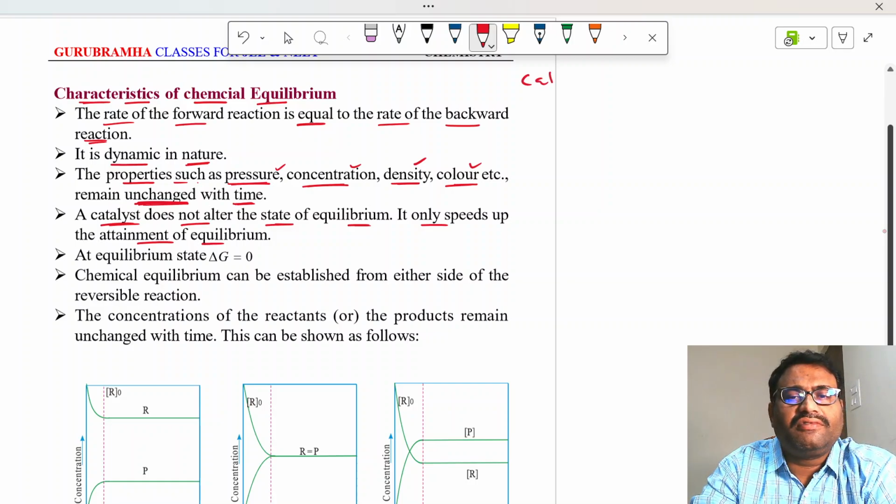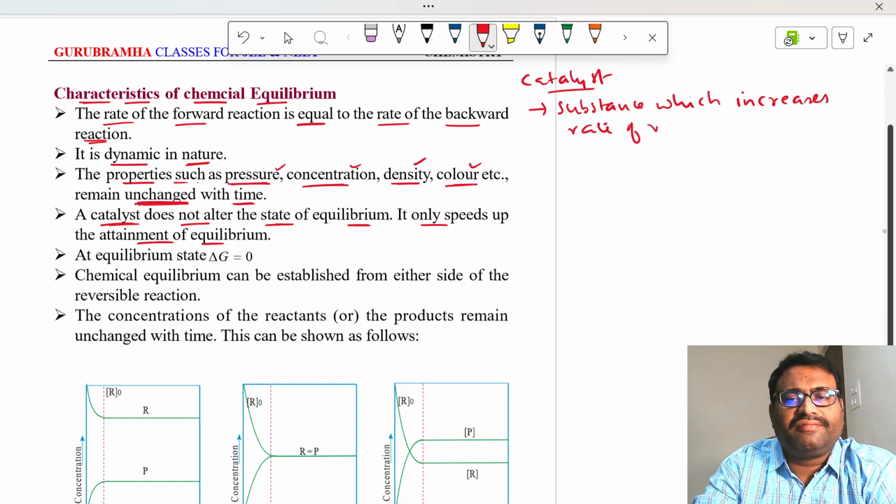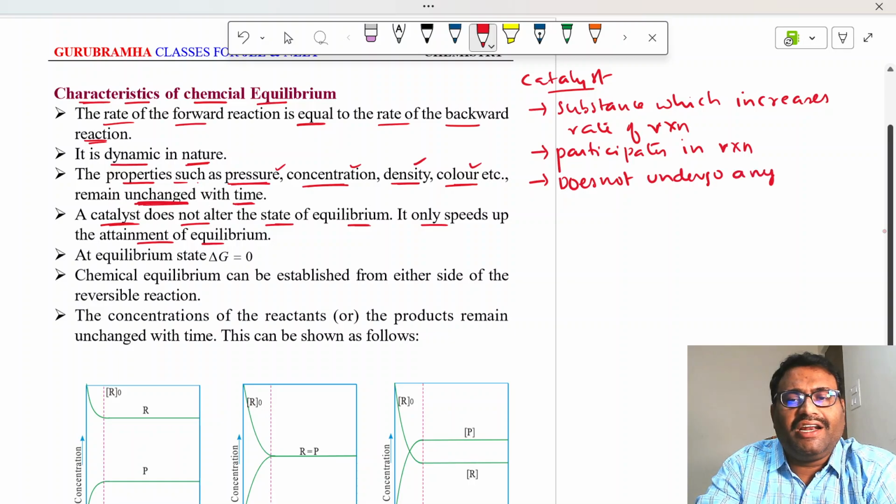Catalyst: a substance which increases the rate of reaction. What is that? Which increases the rate of reaction. Catalyst participates in the reaction but does not undergo any net change.